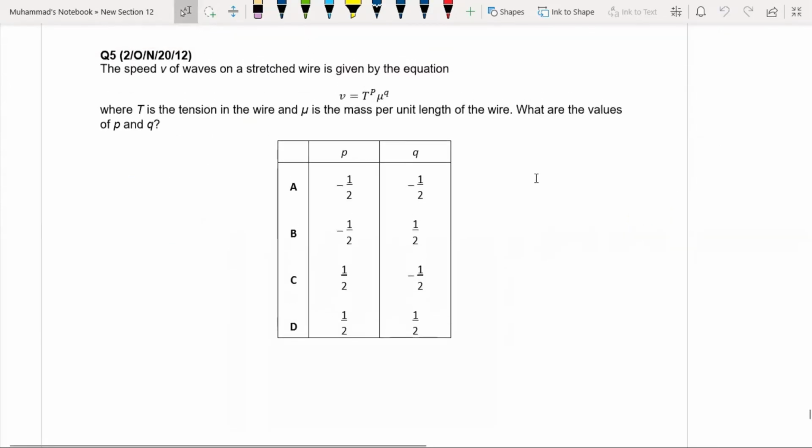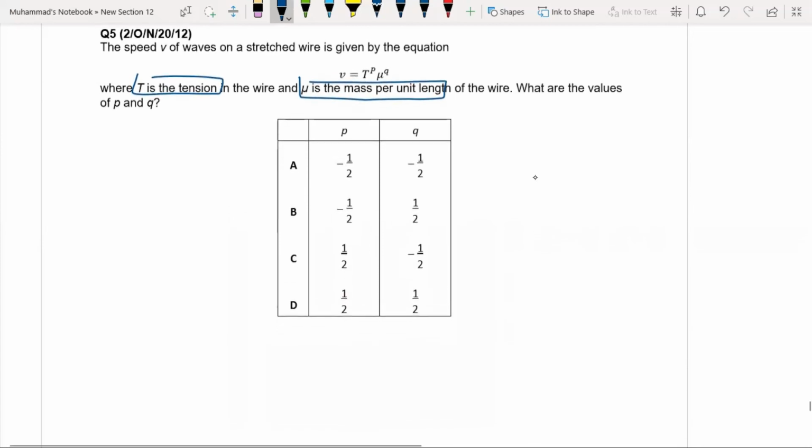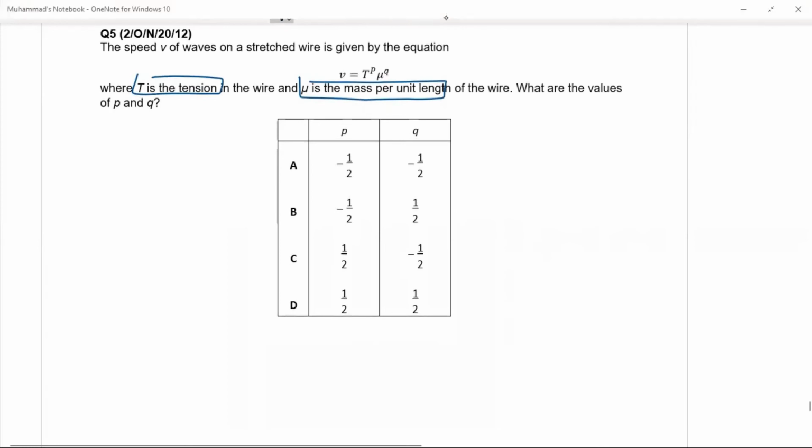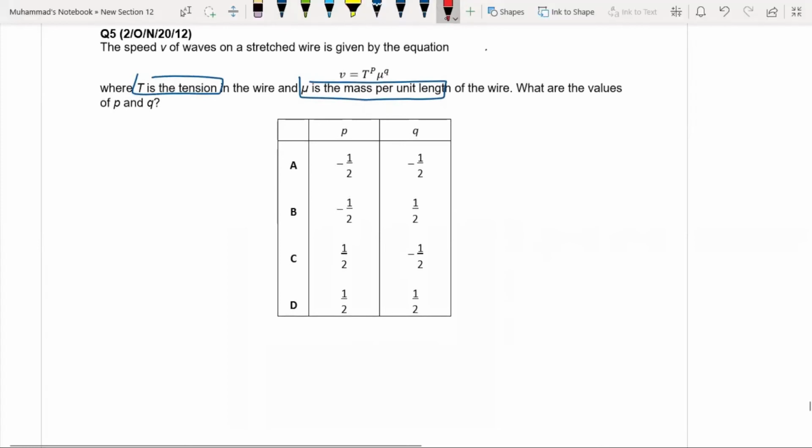So now let's solve this question 5. The speed v of waves on the stretched wire is given by this equation. V is T power P mu power Q, where T is tension and mu is mass per unit length of wire. What are values of P and Q? Now, in a single equation, we have two unknowns, but the procedure is same.